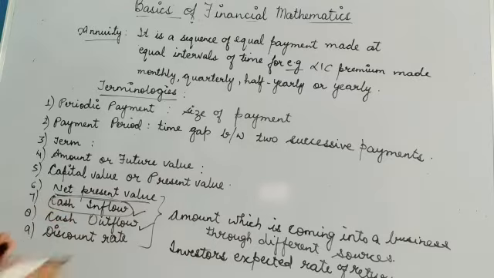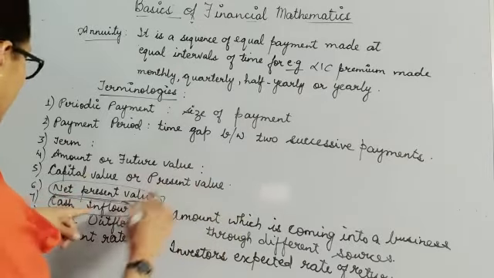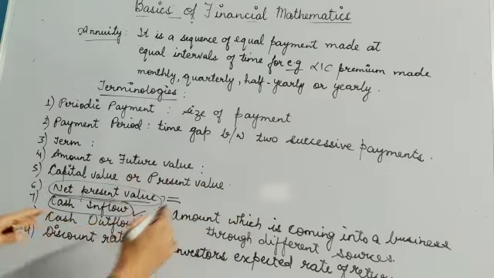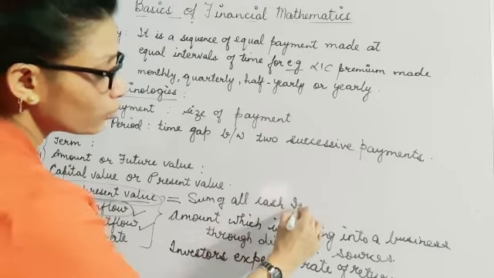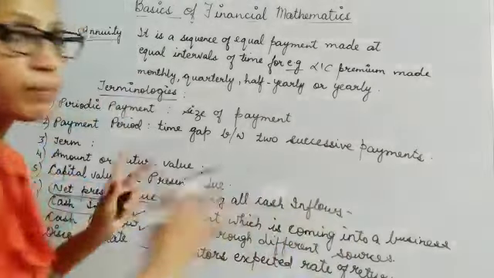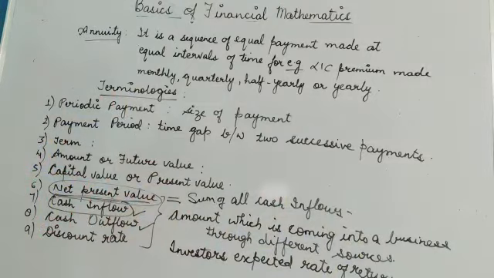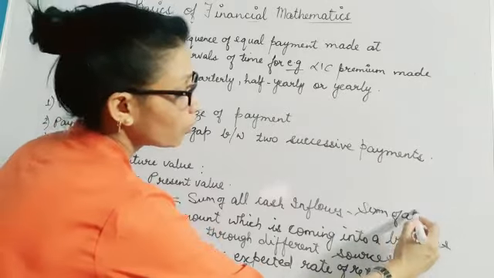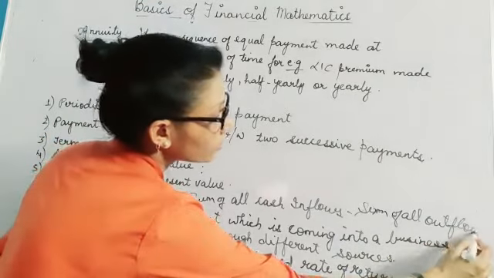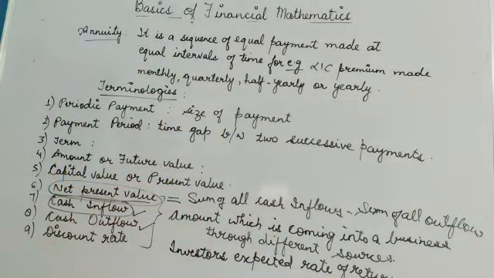Now you can calculate your net present value by the formula: net present value is equal to the sum of the present values of all cash inflows, that is the money coming into the business, minus the sum of the present values of all cash outflows. This will give you the net present value of the business.